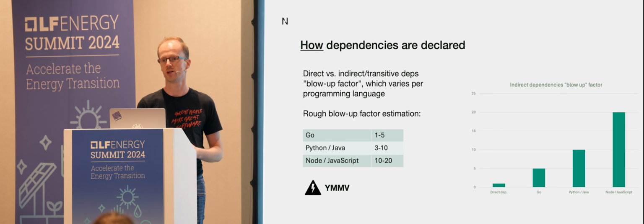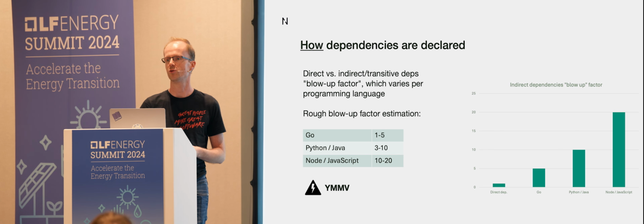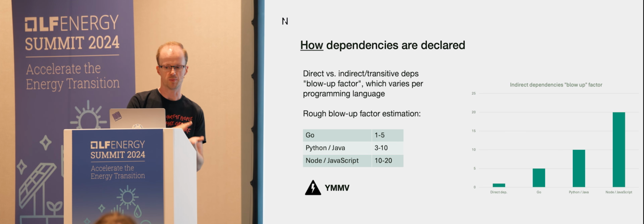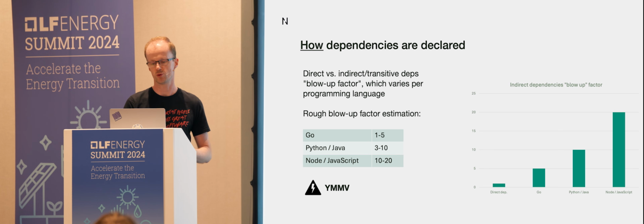This is just a broad estimation, but you can probably figure Node.js and JavaScript projects have really the highest blow-up factor when it comes to dependencies, because they tend to create many small libraries, and other languages are better, but yeah, it depends on which context you are in.